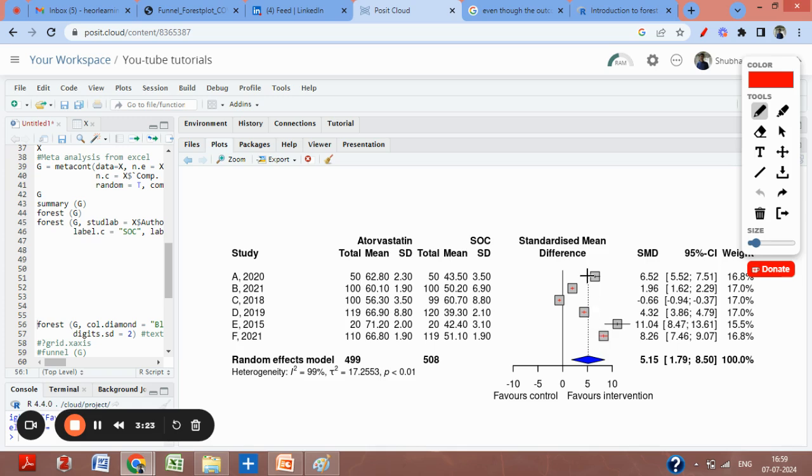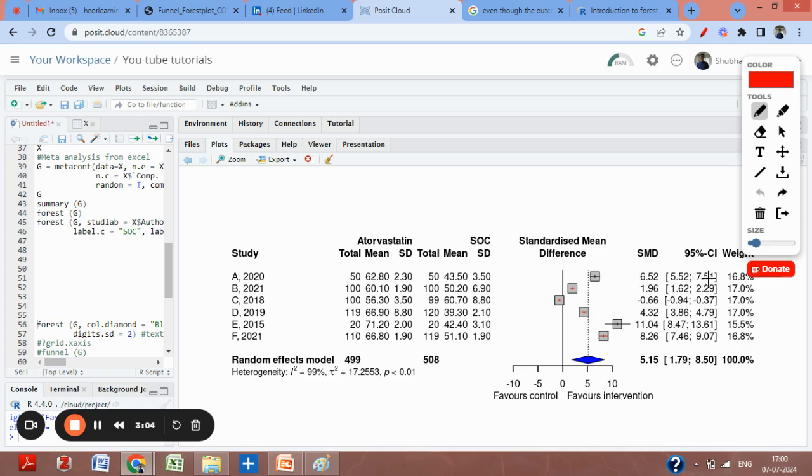So what do these boxes actually stand for, and what does the size of these boxes signify? Well, as we were using a fixed effect model, in this model usually the weightage is almost similar across the studies.